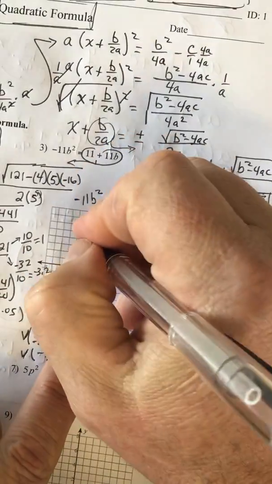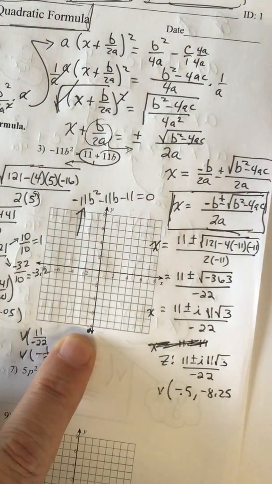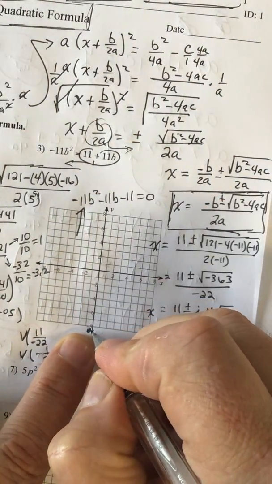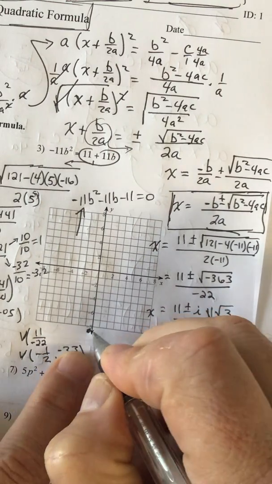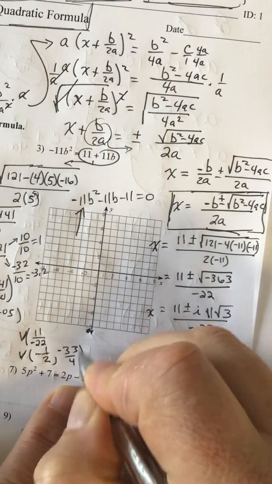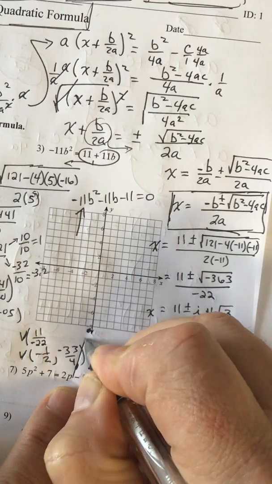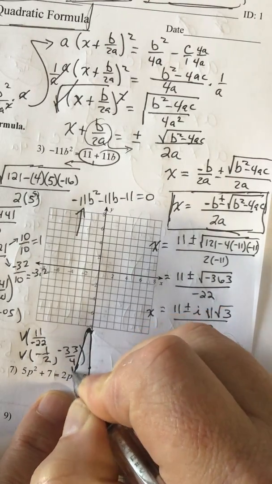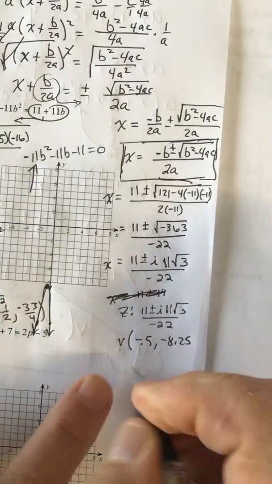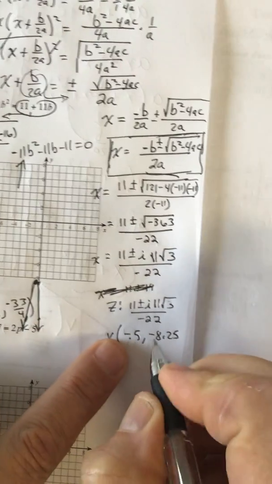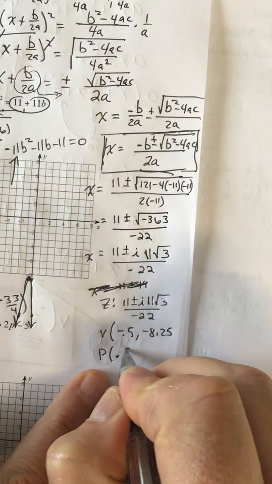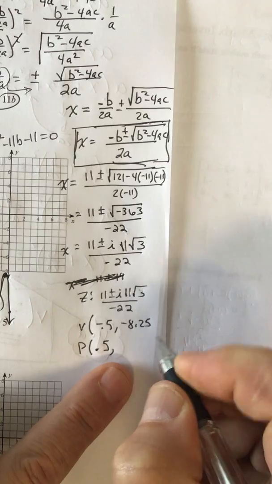Okay, this a number is the y multiplier. That means when I go to the right one, it's going to go down 11. So right one down 11, left one down 11. There's the graph of that thing. So for those next 2 points, if I go one more than this, that'll make it positive 0.5, and then it's going to go down 11.